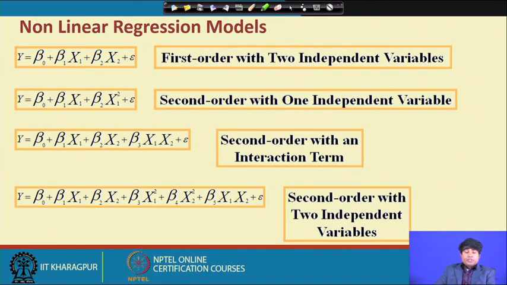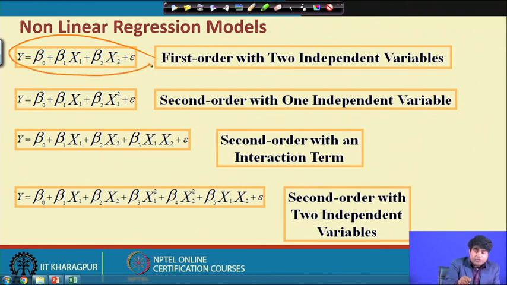So, here, so far as nonlinear regression modeling is concerned, I am just giving you some snapshots. This is actually simple regression modeling, with respect to a dependent variable and two independent variables, and that too first order, which is called linear regression modeling.